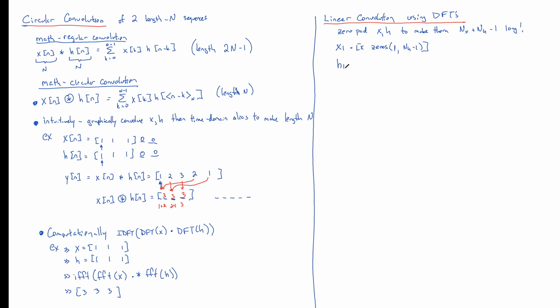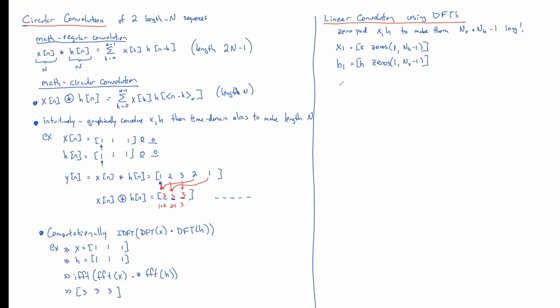And you'll want to zero pad your H1 to make it equal to your old H, with enough zeros to also make it NX plus NH minus 1. So if it already has NH, we'll want to pad it by NX minus 1. And now you can take those DFTs.